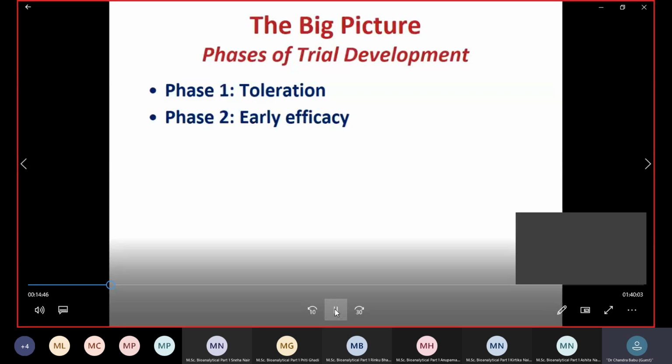Okay, the next is where we begin to get different definitions. A phase 2 trial, early efficacy trials. And they're usually divided into what's called phase 2A and 2B. A phase 2A trial is a safety dosing study, usually giving the drug and looking at the levels of the drug in the serum. Are we delivering?